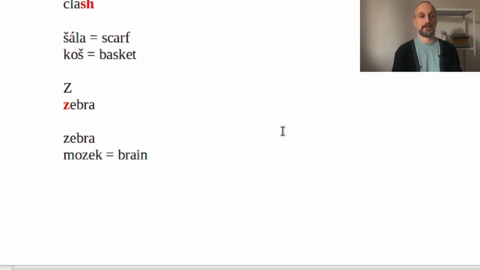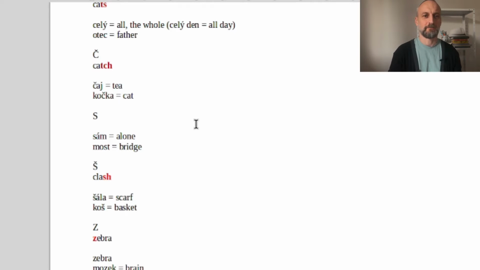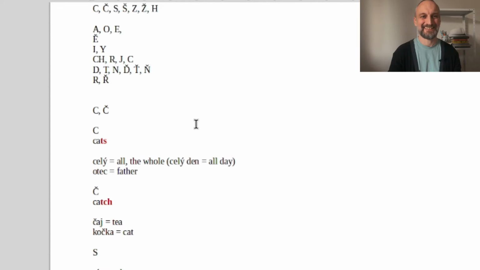Now, adding the hook to z, we get ž, and that's pronounced the same as in the English word usual. And in Czech, you can hear it in words like žena, which means woman or wife, and, for example, běžet, that would be run.